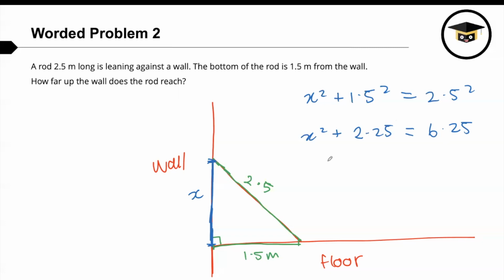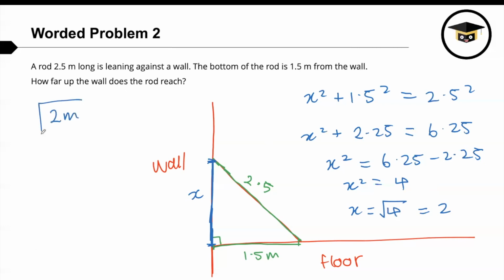To make x the subject, we first make x squared the subject. So we do 6.25 minus 2.25, and that is equal to 4. So if x squared is equal to 4, that means x is equal to the square root of 4, and that is going to be 2. So the answer would be the rod reaches 2 meters up the wall.